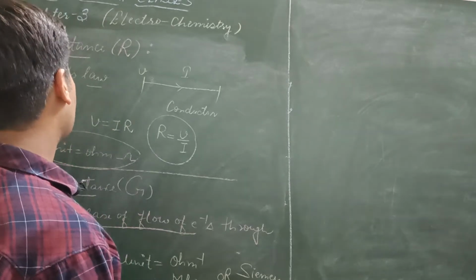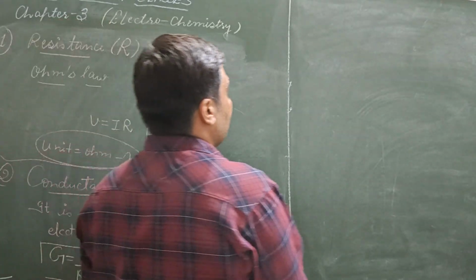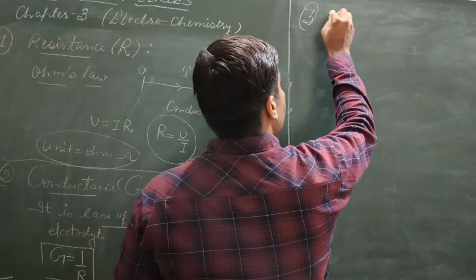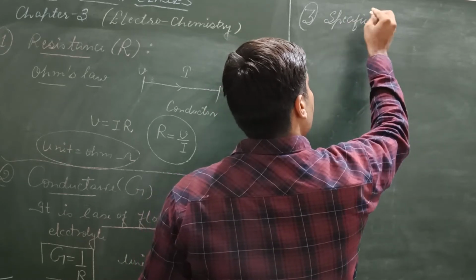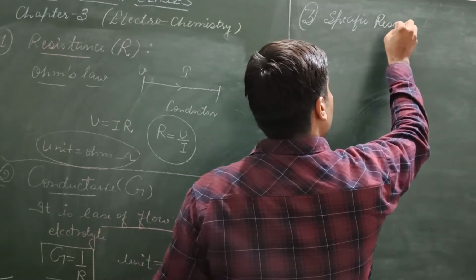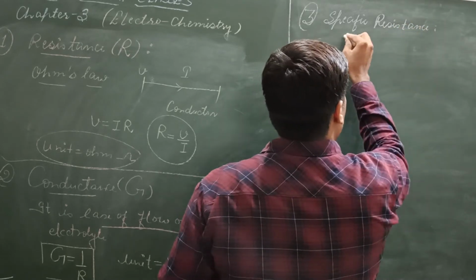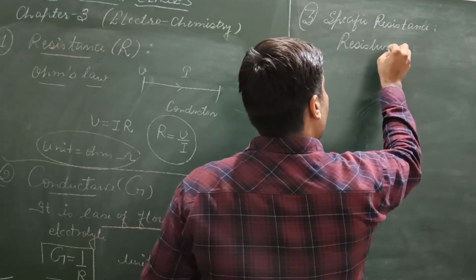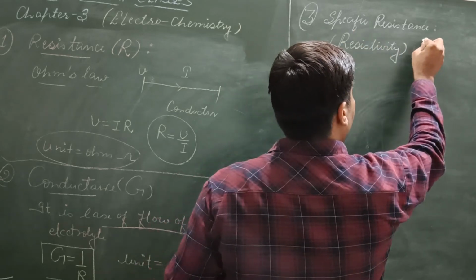We have discussed resistance and conductance. The next term is specific resistance or resistivity. It is shown by the term rho.